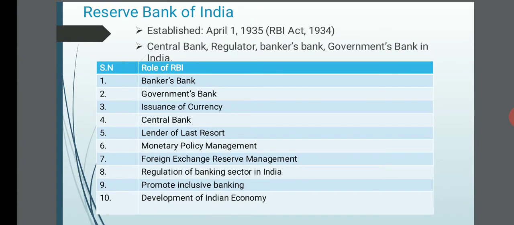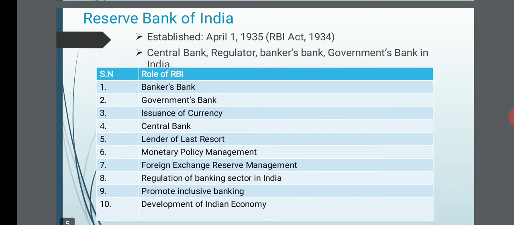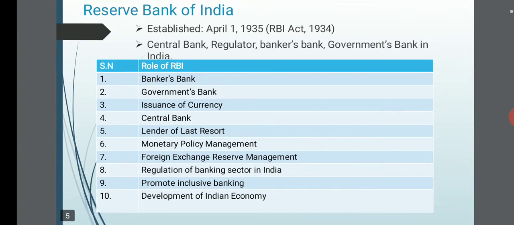Government's bank. The Government of India has the Reserve Bank of India as its own bank. The government also issues various securities through the Reserve Bank of India. Issuance of currency. The Reserve Bank of India is also responsible for the issuance of currency in India.